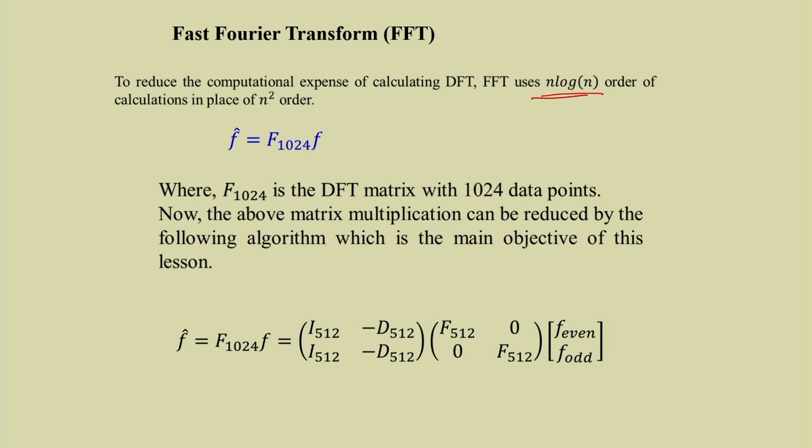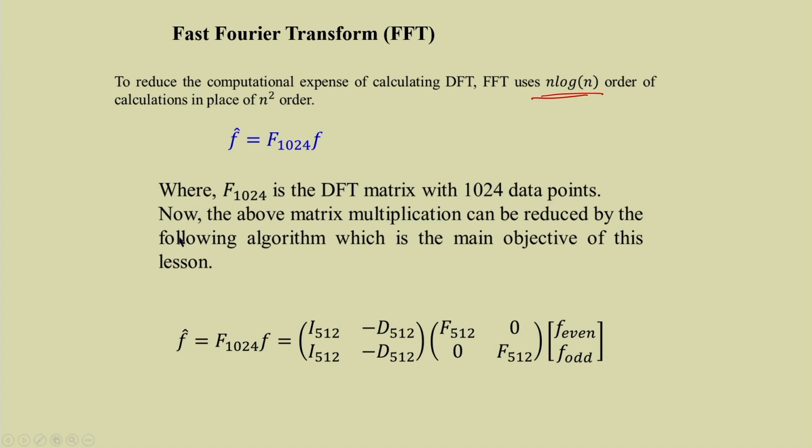So, the matrix you have seen here, for example, let us take 1024 elements, so let n square equal 1024. In that case, we can write F cap equal to F 1024 times F, where F 1024 is the DFT matrix with 1024 data points.